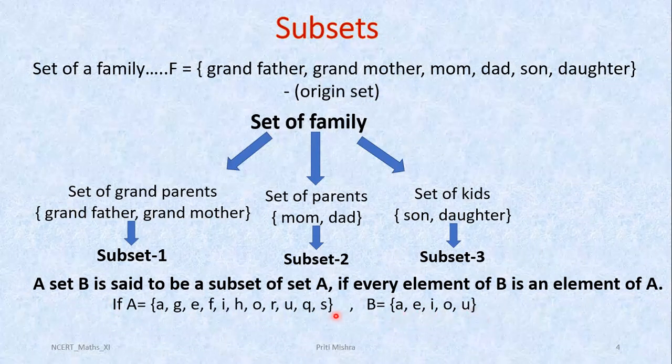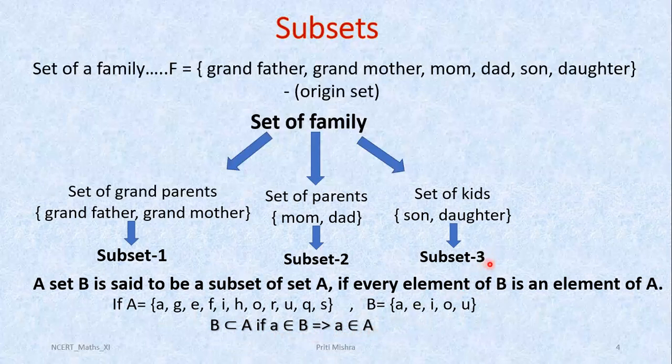You can see all these 5 elements are present in the set A. That's why I can say B is a subset of A. And if element a belongs to B, this implies that a belongs to the set capital A itself, right?